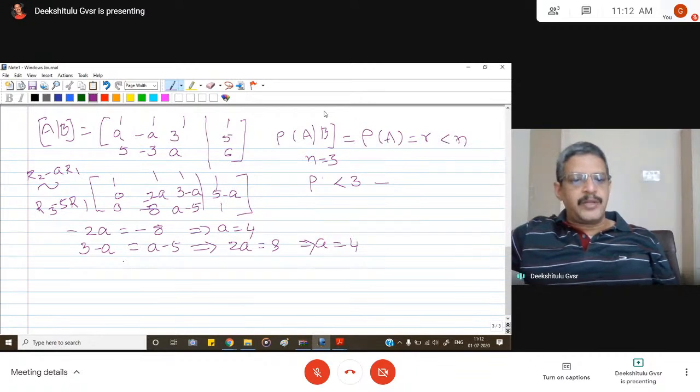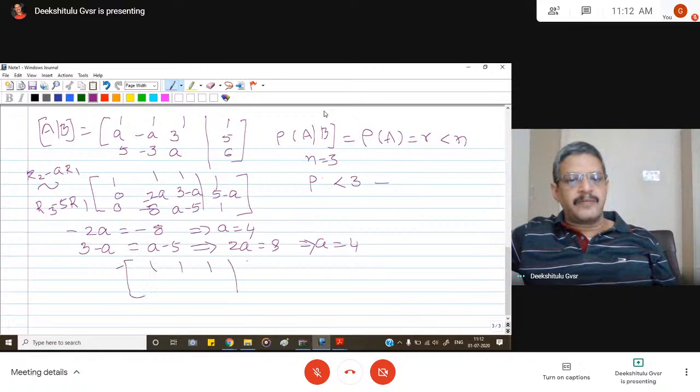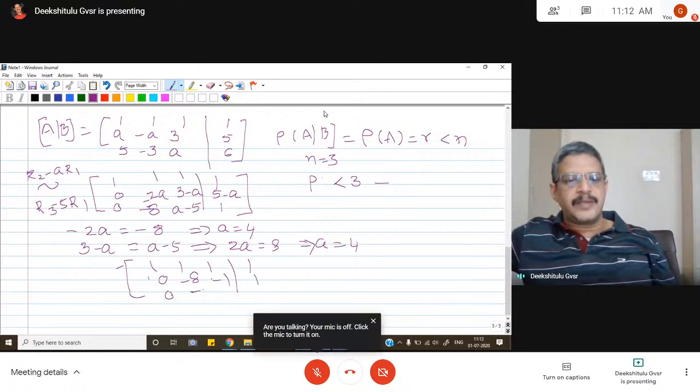So if we put A is equal to 4, what happens here? 1, 1, 1, 1. This element is 0, minus 8, minus 1, 1. This will be minus 8, 0, minus 8. This is A minus 5, minus 1. This is 1.